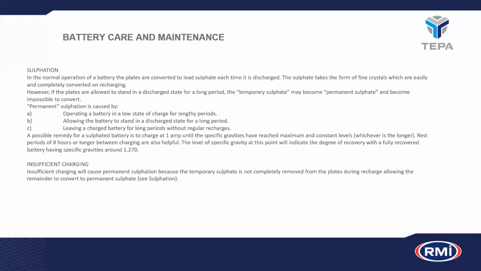Insufficient charging will also cause permanent sulfation, because the temporary sulfate is not completely removed from the plates during charge. So effectively the plates of the battery end up covered in sulfate, and sulfation is very, very difficult, if not impossible, to remove from the battery.